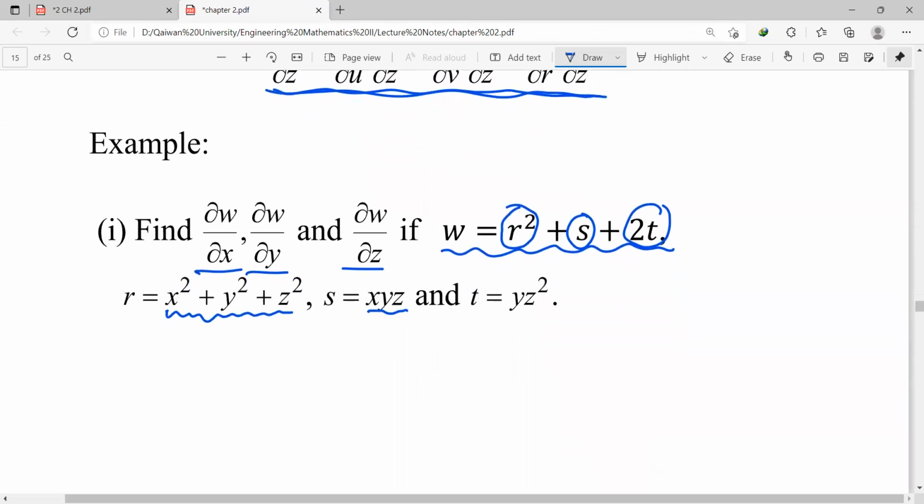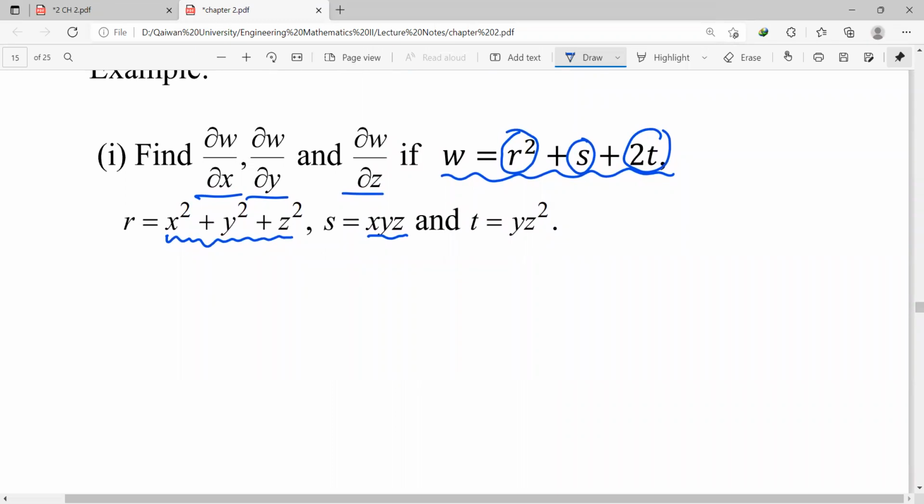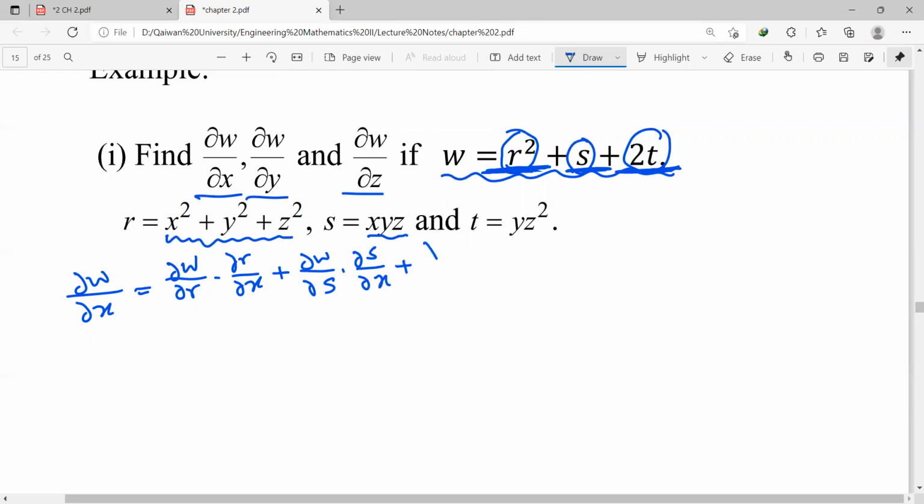For partial w by partial x, first we write down the rule: partial w by partial x equals partial w by partial r times partial r by partial x, plus partial w by partial s times partial s by partial x, plus partial w by partial t times partial t by partial x.